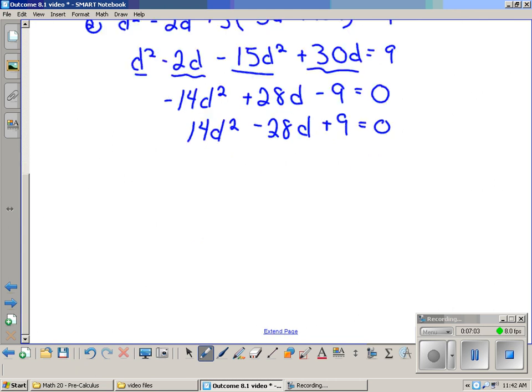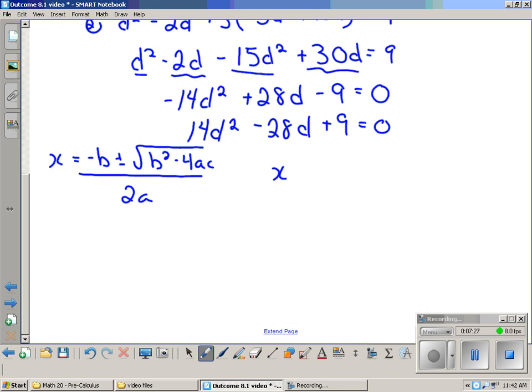Many ways to solve this. If we use our quadratic formula and substitute in, remember that our quadratic formula is x equals negative b plus or minus the square root of b squared minus 4ac all over 2a. Substituting in there, we would end up with two values. They are decimal values.